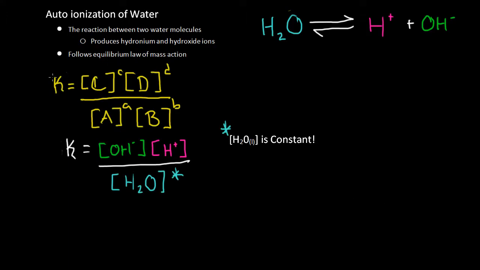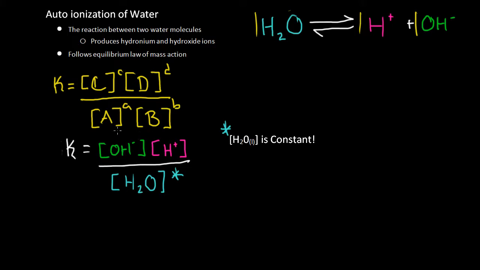So we know that the constant for equilibrium can be rewritten as the concentration of the products raised to their exponents, where their exponents are the coefficients that go here, here, and here. And that is all divided by the concentration of the reactants.